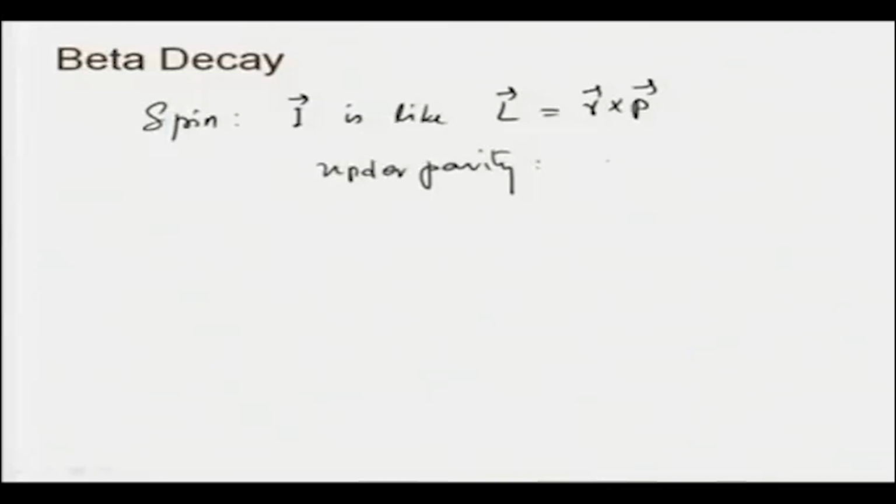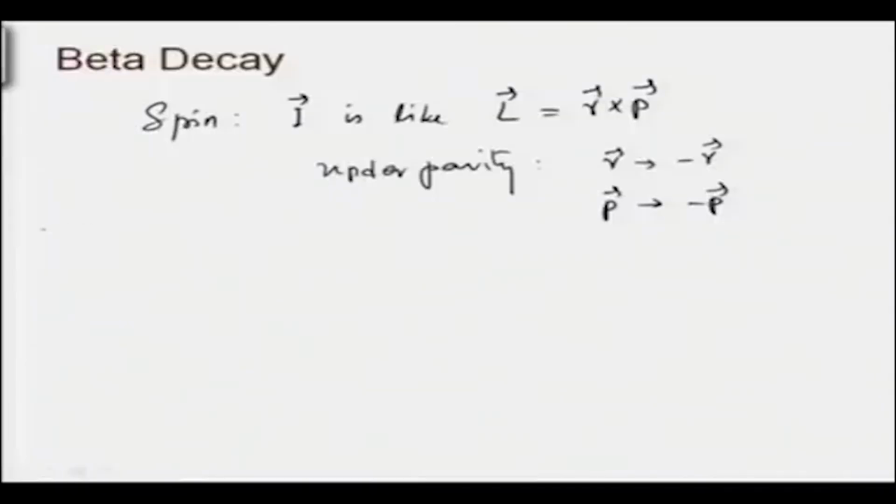In that case, the vector R goes to minus R, and momentum P goes to minus P. If something is moving along the positive x axis and the parity operation reverses the direction of the x axis, then with respect to the new x axis it is moving in the negative direction. This is your x, and something is moving in this direction.